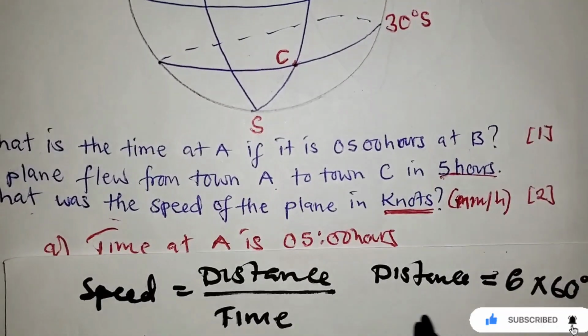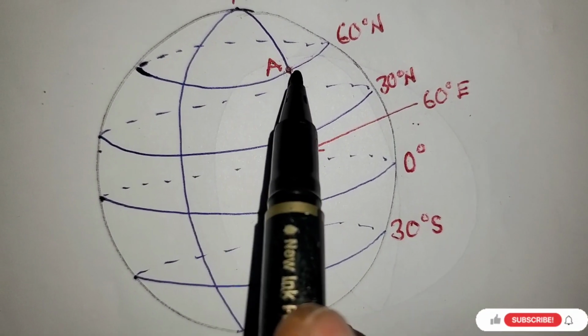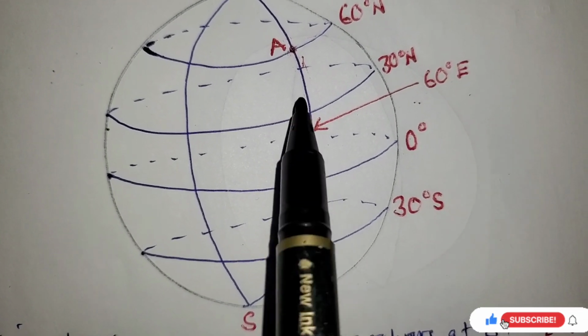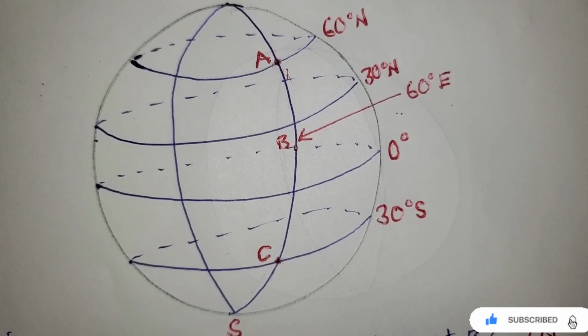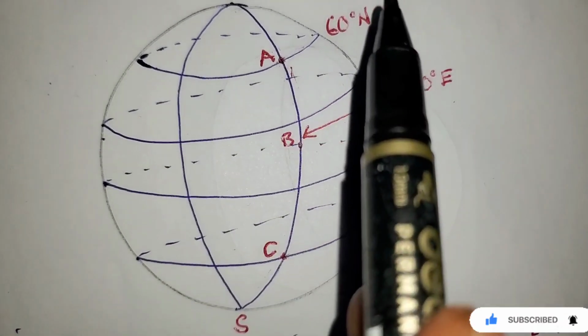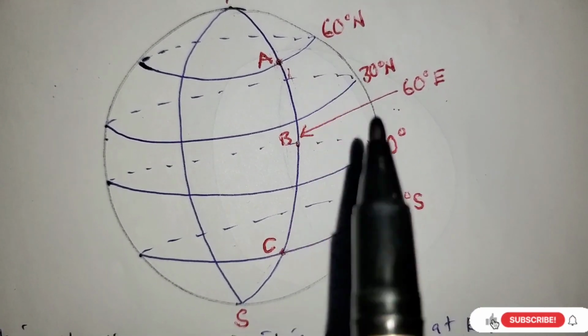Now check this out. What is theta? Since the distance is from A to C here, along the longitude, theta is the difference in latitude of A and C. So the 60 and 30.